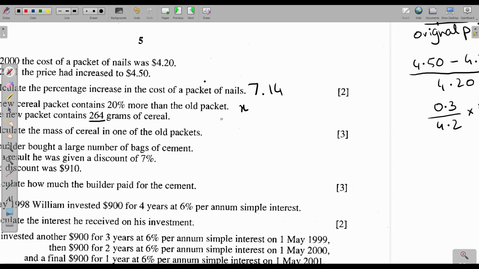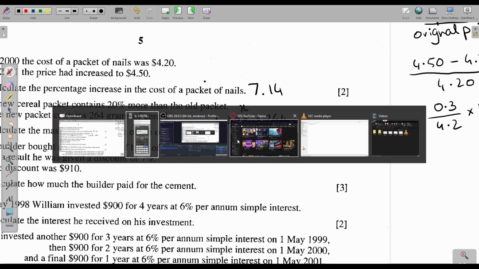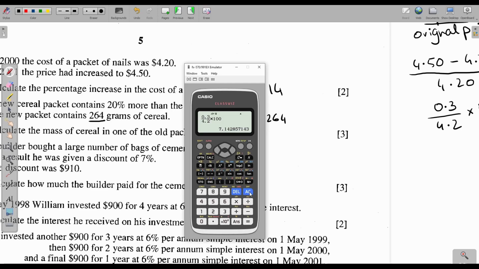This number is 1.2X because it's 1 of X and then 20% added of X. 1.2X is equal to 264 grams, right? And now we can divide both sides by 1.2 to find one of the old ones.